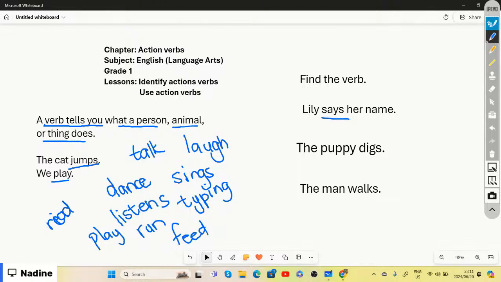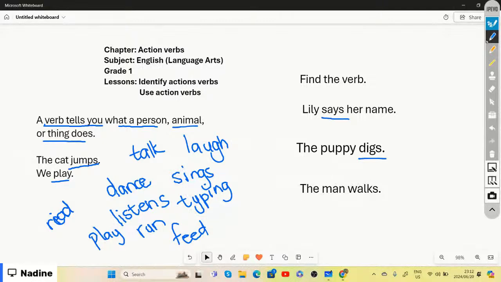The puppy digs. What do you think is our verb within that sentence? It tells us what the puppy did. What did the puppy do? Or what is the puppy doing? All right, so we can say digs, right? Because that is what the puppy is doing. He digs holes. I don't know what the puppy wants to find, but the puppy digs, right? Then the man walks.